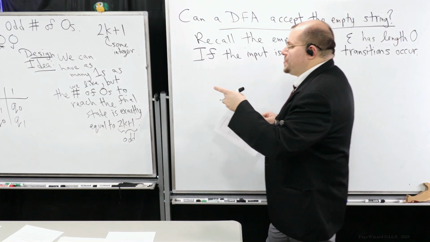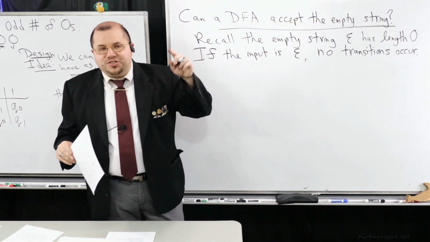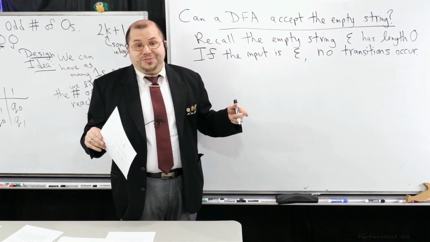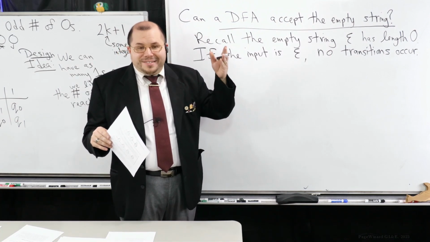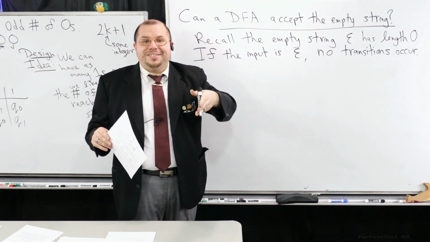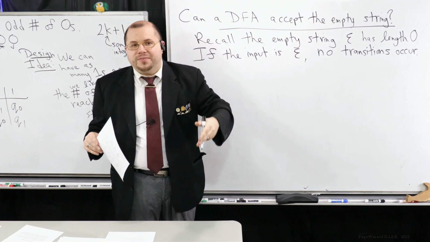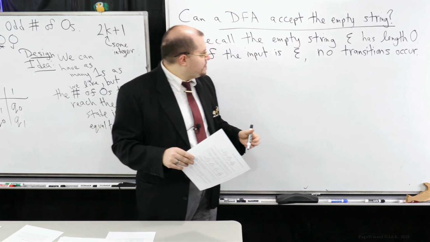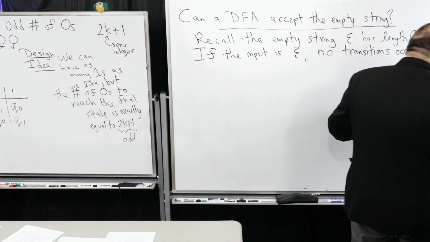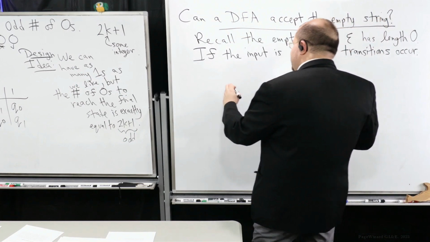Well, think about it. Since it does no transitions, because there are no symbols, right? It's still in the start state, right? So what can you do to that start? Like, what should be included in the final states?